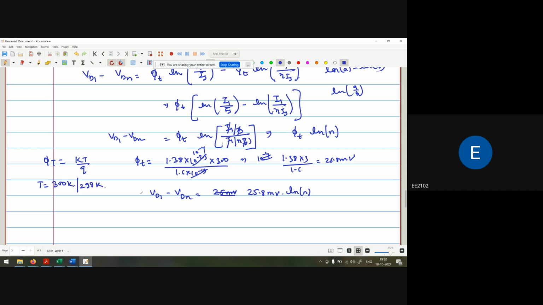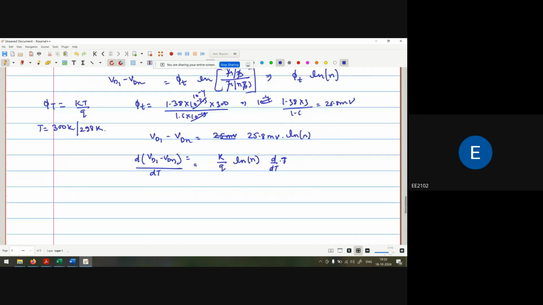Now if I take the differentiation here, VD1 minus VDN with respect to t, it is k upon q ln n, and d by dt of the remaining term, which is constant, only t is variable.